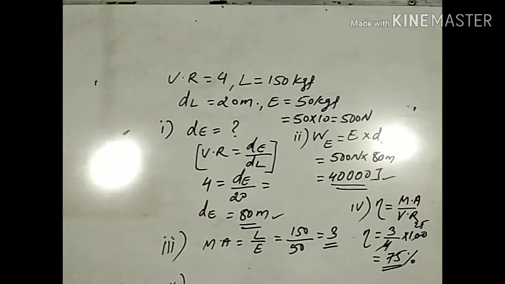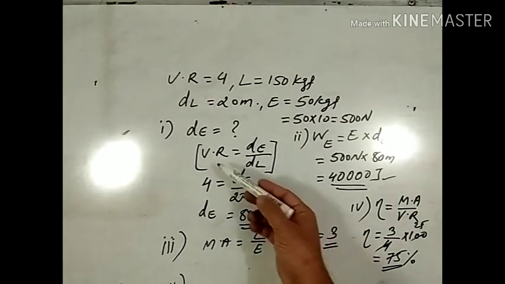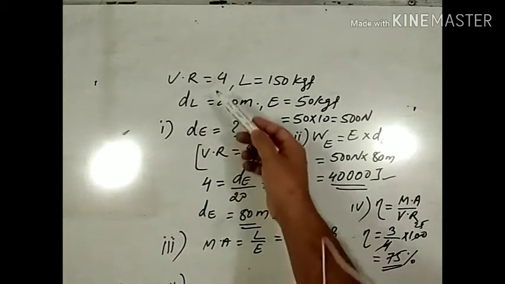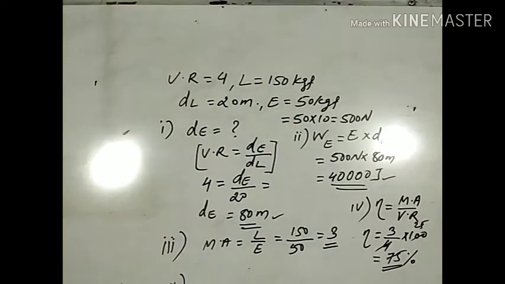Now the last part, the total number of pulleys and the number of pulleys in each block. The fifth part, total number of pulleys. How can I find out? No diagram is given there, but velocity ratio is given, which is 4. So the total number of pulleys is equal to 4.